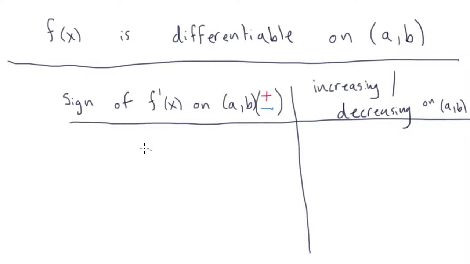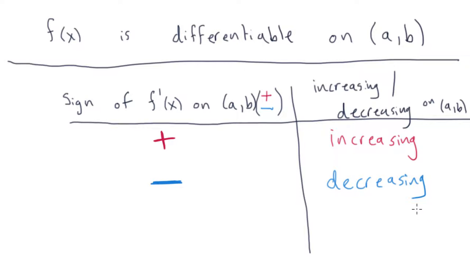So here's the idea. If the derivative is positive on the entire open interval (a, b), then f of x is increasing over the entire interval (a, b). But if the sign of f prime of x is negative, then f of x is decreasing on (a, b).